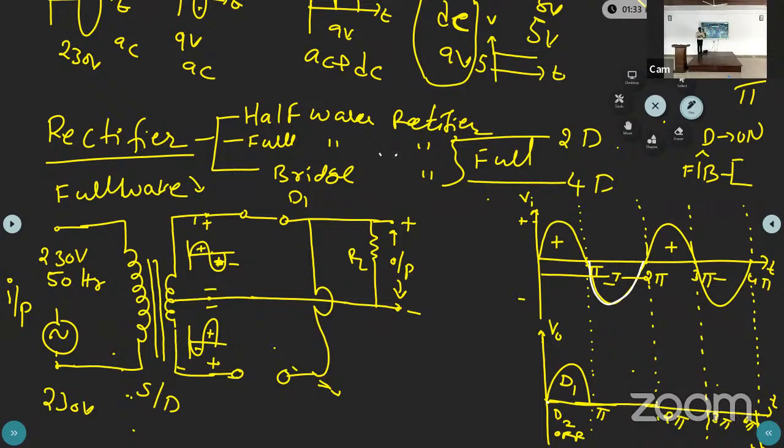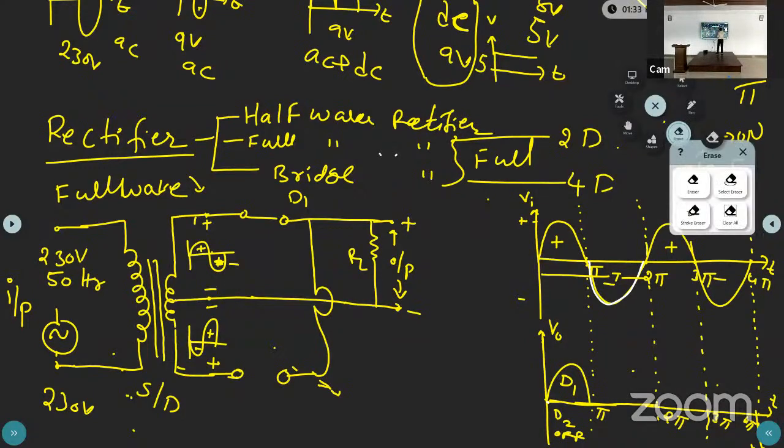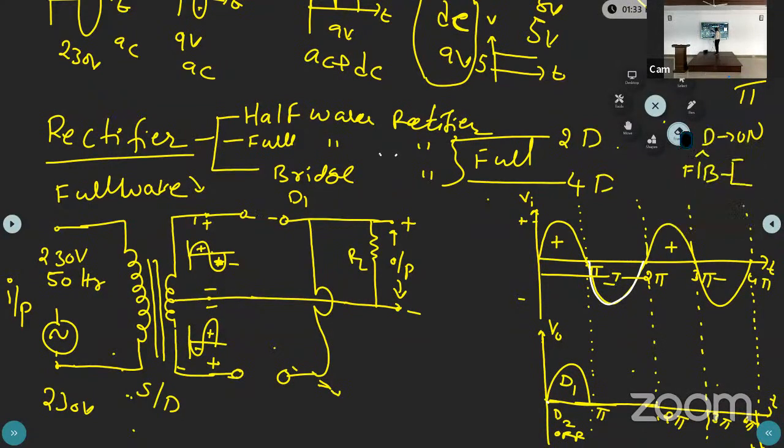Now the first half cycle is over. Coming to the second half, again you can draw the diodes. This is the D2 diode and this one is the D1 diode. Which cycle are we applying now?